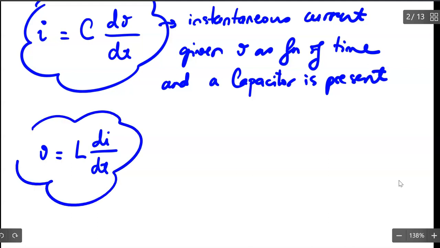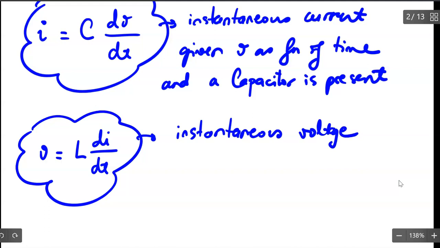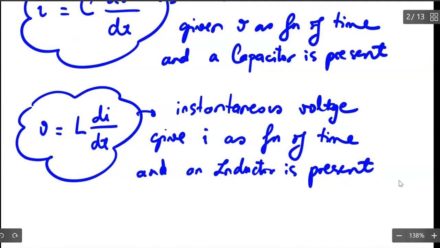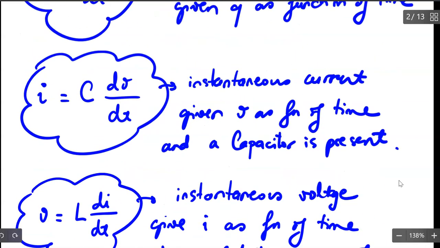So this one is the instantaneous voltage, given I as a function of time and an inductor is present. Alright, keep this in mind.